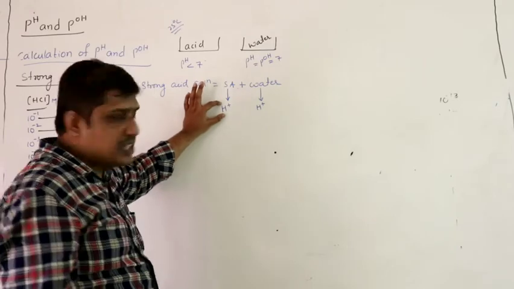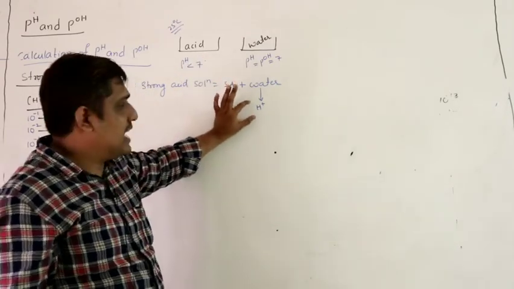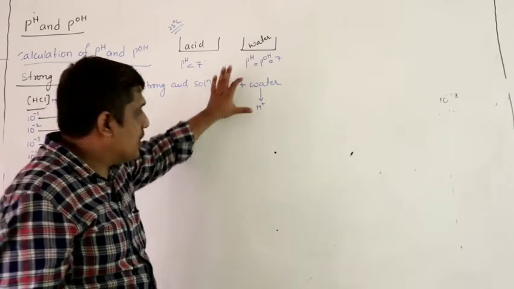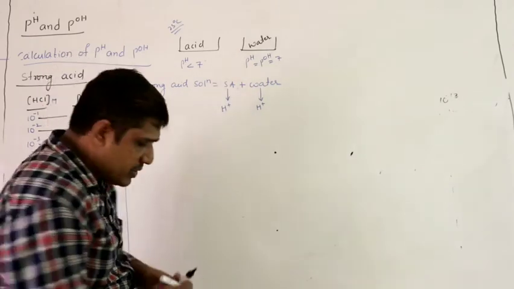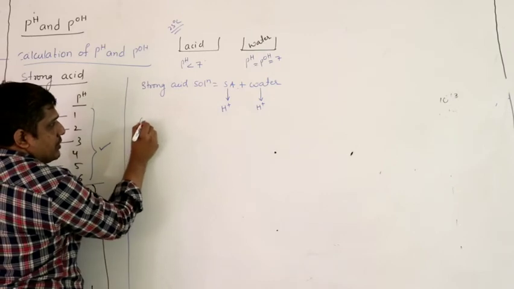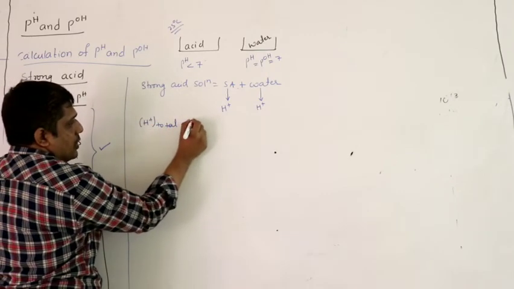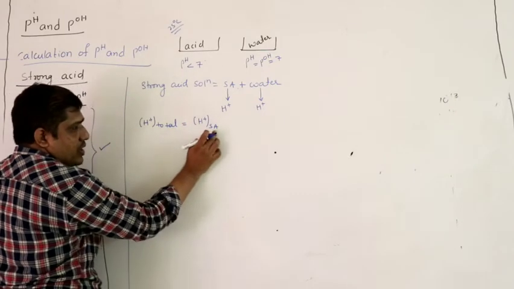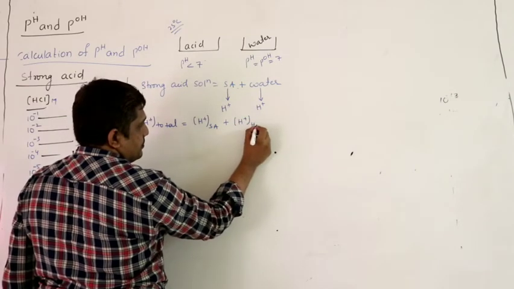But if the concentration of H plus from strong acid is equal to or less than the concentration of H plus from water, then we cannot neglect it. So what I am trying to say is, we have to find the total H plus ion concentration, which is equal to H plus ion concentration from strong acid plus H plus ion concentration from water.